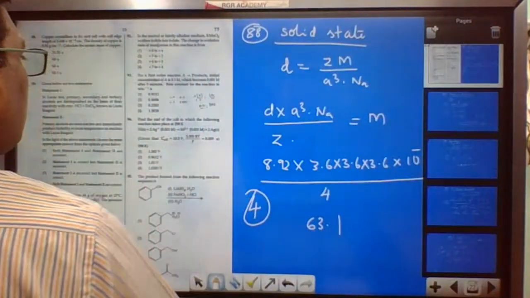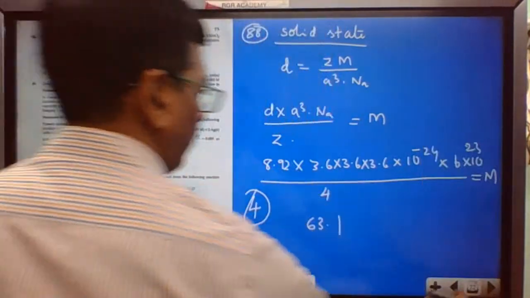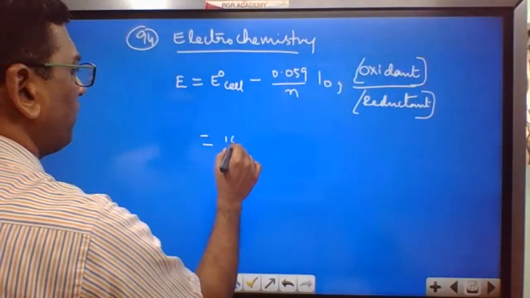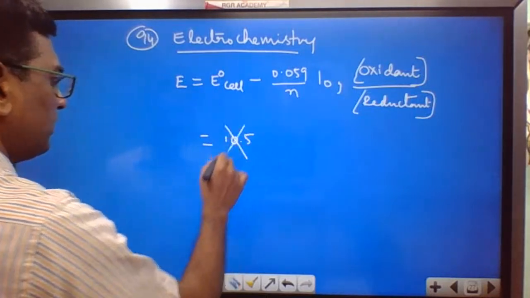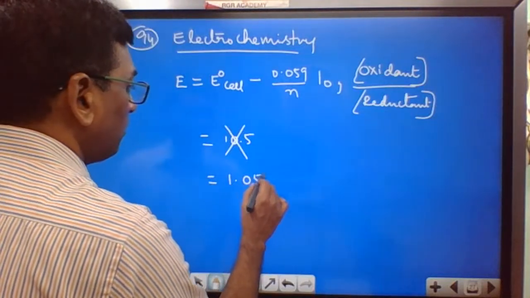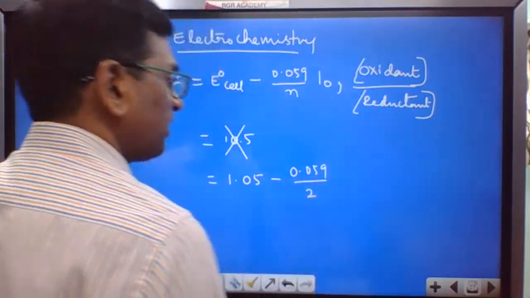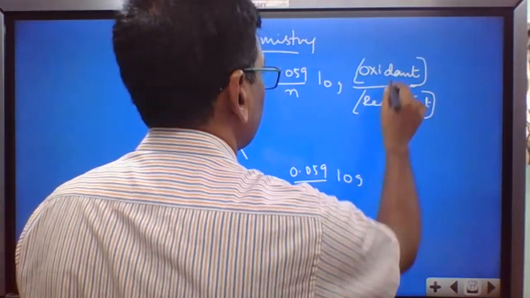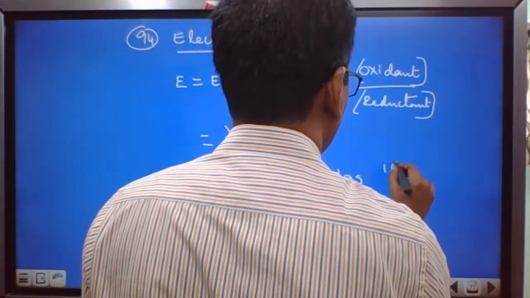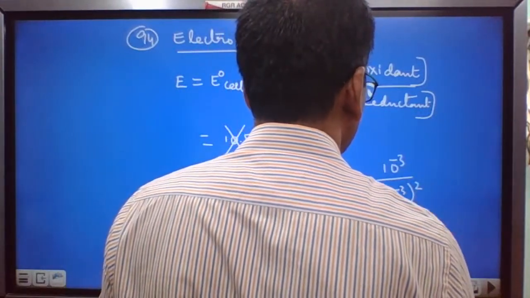You see that the E naught value they gave is wrong. 10.5 is wrong. Actually, it should be 1.5. That is the reason why they are going to add marks for this. Actually, they gave 10.5. That is the reason why you won't get the proper answer. They could have given 1.05 minus 0.059 divided by number of electrons involved into log. So they gave nickel and silver. Nickel concentration they gave 10 power minus 3 divided by 10 power minus 3 whole square, which is 10 power minus 6.